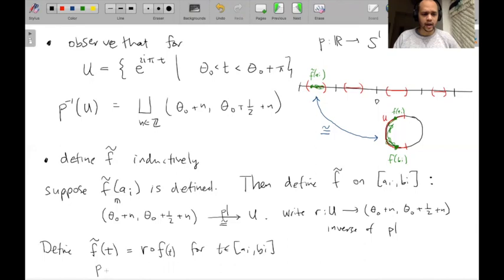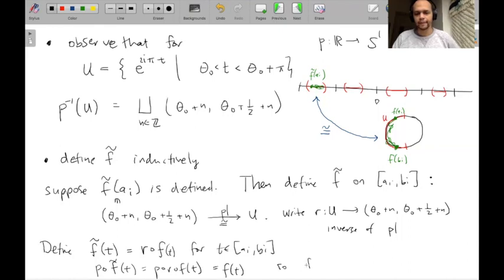But then, right, this map is a lift. So note that p composed with f tilde of t is p composed with R composed with f of t, but p composed with R is the identity, so that's f of t.